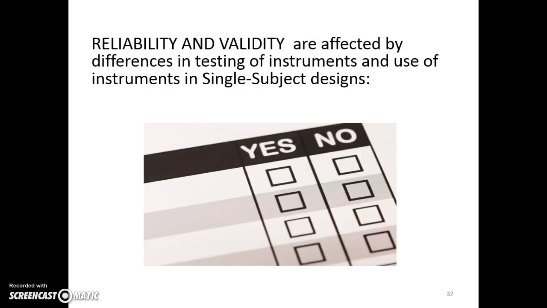So when you're doing so many measurements, people are answering questions over and over. You're observing them over and over. You're reviewing case information over and over, and you have to think about the impact of that. Are clients just going to start answering questions the same way because they know what to expect? That type of issue can come up in single subject design.